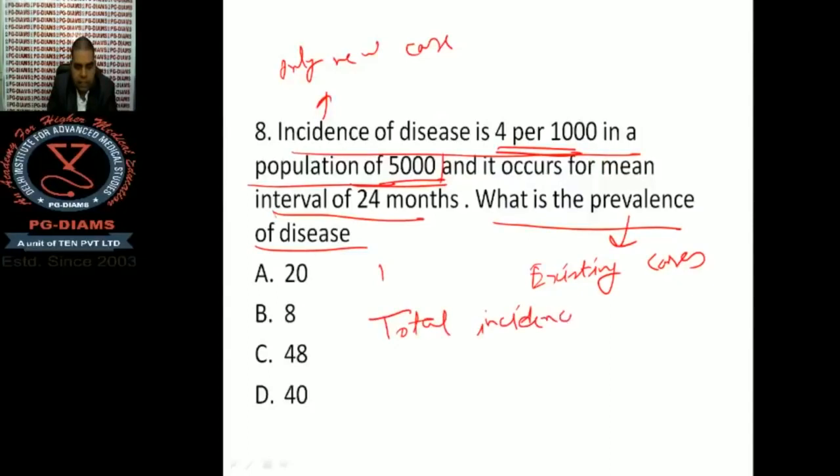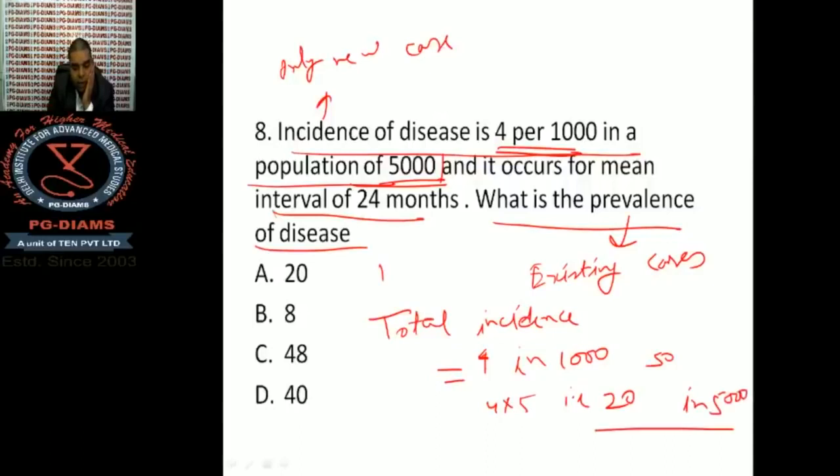Total incidence will be, first, it is 4 in 1000, so how much will it be in 5000? 4 in 1000, so in 5000 it will be 4 into 5, that is 20 in 5000. How? Because 1000 has 4, so in 5000 it will be 4 into 5.